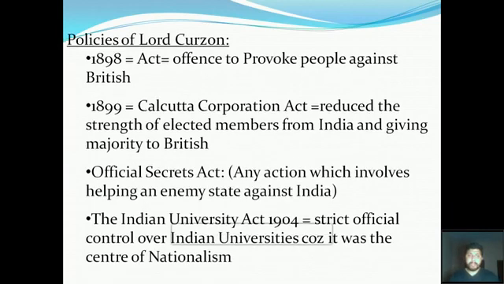Let's see some of the policies introduced by Lord Curzon. In 1898, he introduced an act making it an offence to provoke people against the British.